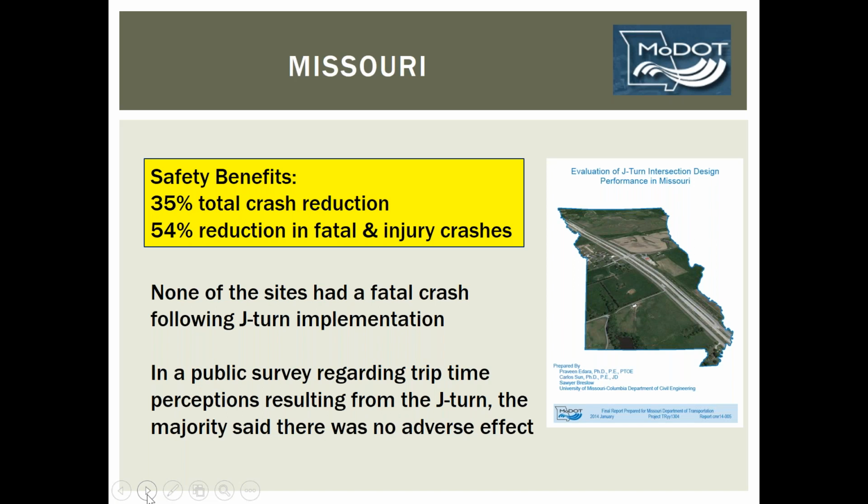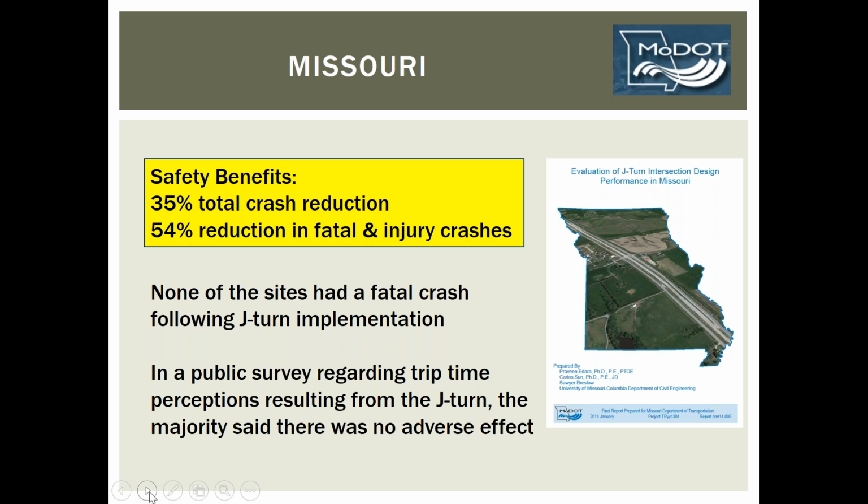Well, it's not. And what I liked about the public opinion survey from Missouri is they asked people, the locals coming out from the minor street, was there an adverse effect to their travel time? And no, the vast majority, definitely not.